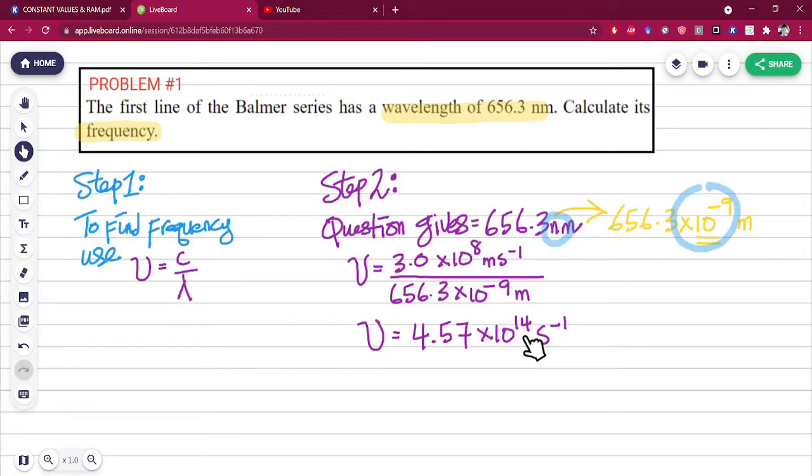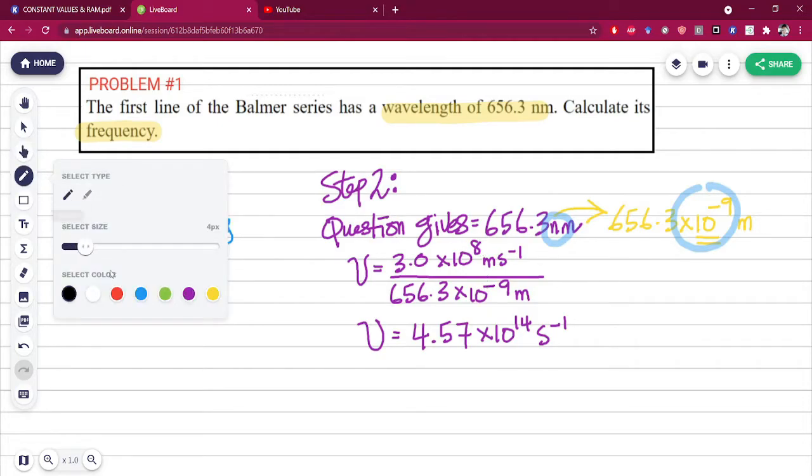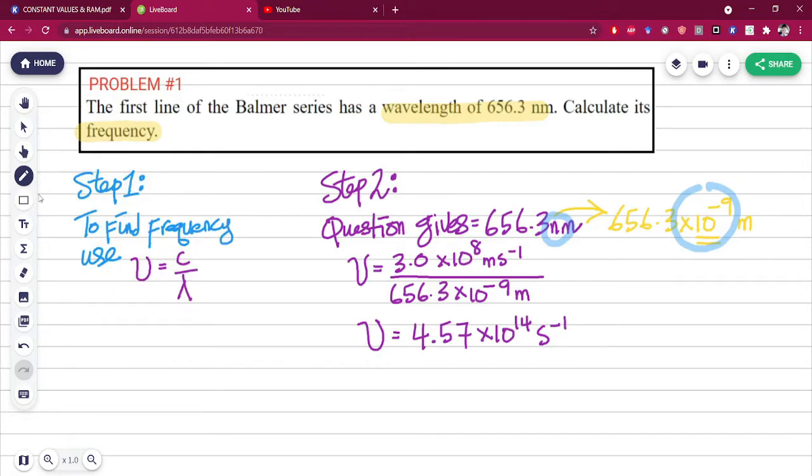The number over here makes sense because frequency refers to the number of waves produced per second. When you look at the units, the speed of light is meter per second, and for wavelength the unit is meter.